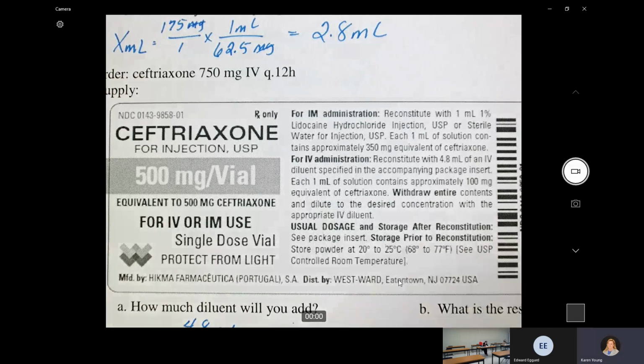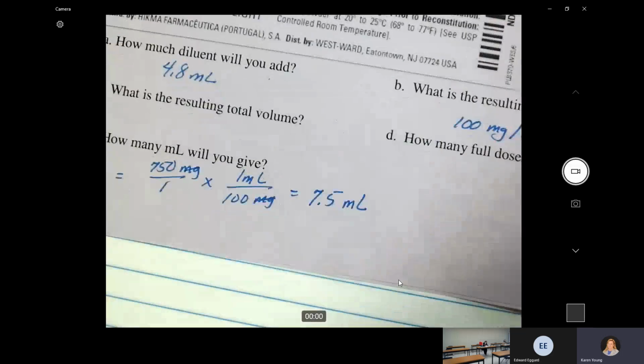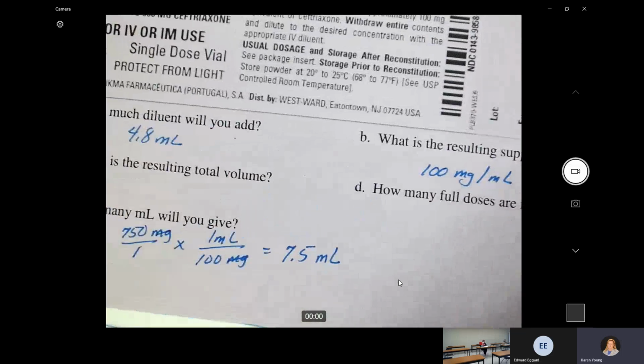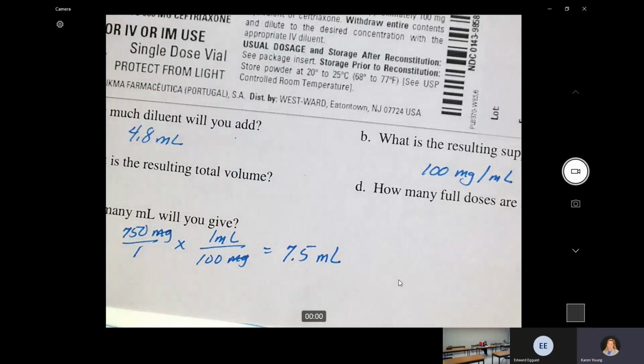Okay, I'm going to move this up because remember we're giving an IV injection. So the diluent was 4.8 milliliters. My resulting supply is 100 milligrams per milliliter. And then I'm going to give 7.5 milliliters. Does everybody agree with me?